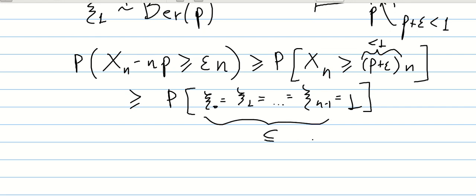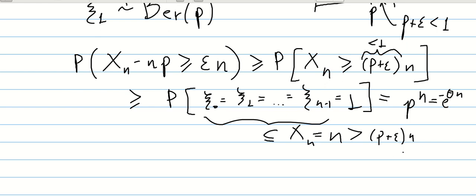If this happens, then xn is n, which is larger than p plus epsilon n. So this is definitely a lower bound. And this happens with probability p to the n, which is some exponential decay, right? It's e to the minus some theta n.